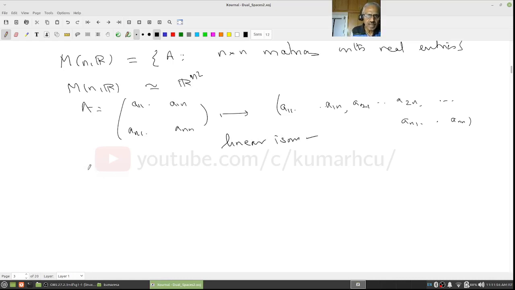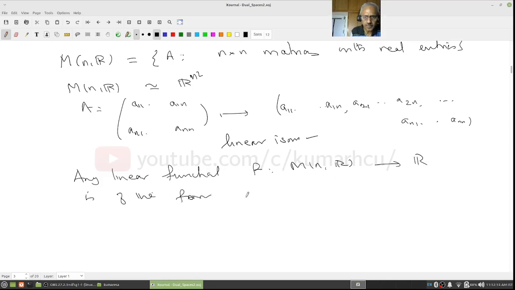And therefore we know any linear functional f from M_n(R) to R is of the form f(A) equal to summation alpha_ij a_ij, summation over i and j equal to 1 to n.